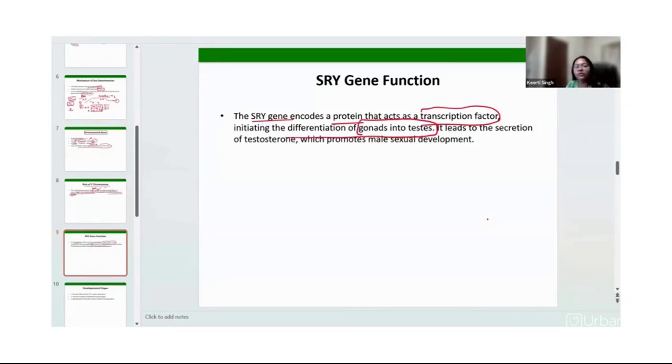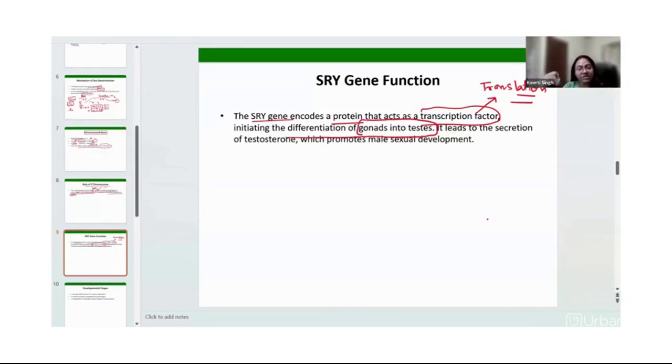See, you don't have to go deep into what these transcription factors are, because they are related to the topic of translation, where protein synthesis is actually taking place. You just have to understand that this SRY gene is actually going to form the male sex part, right? The male genital part.